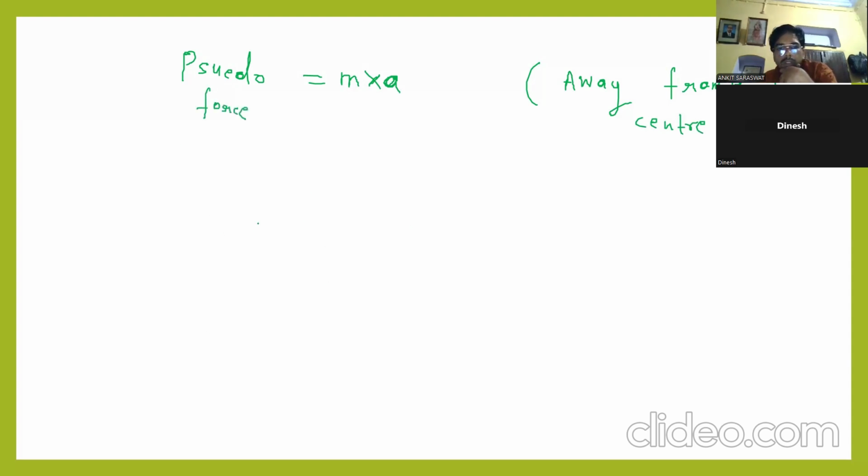Now you please tell me. This is the hinge ring. This is a rope and this is a stone. If you are rotating this with some angular velocity omega, and you are the observer sitting here, then you will feel some force.